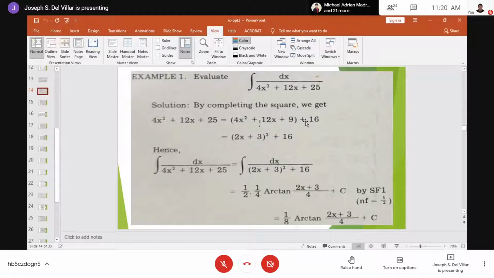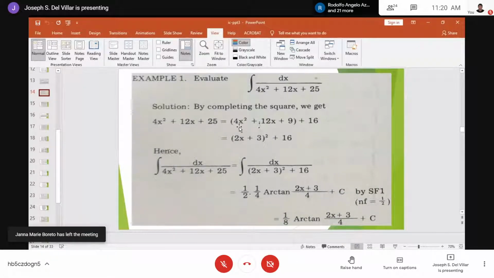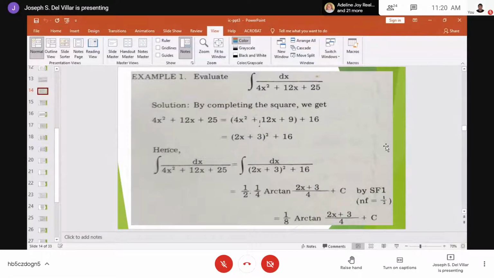The 25 is rewritten as 9 plus 16. Then 4x squared plus 12x plus 9, that is 2x plus 3 in parentheses squared, plus 16. So by factoring, we took the square root of this and the square root of that. So that is 2x plus 3.